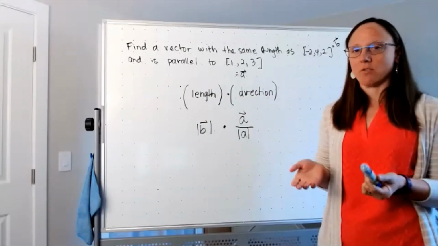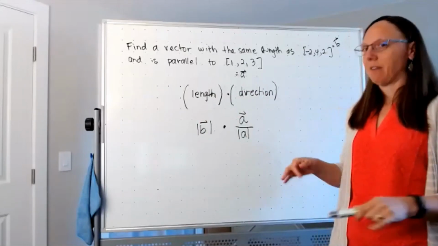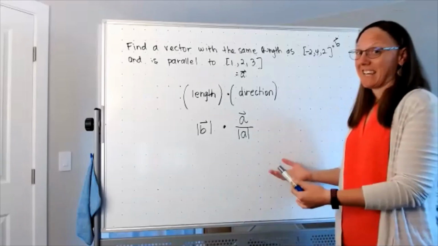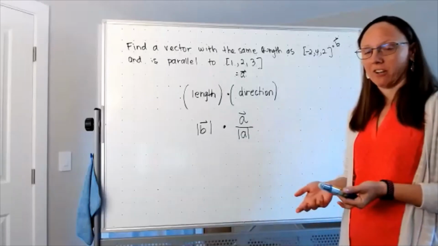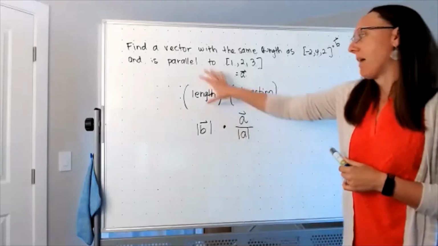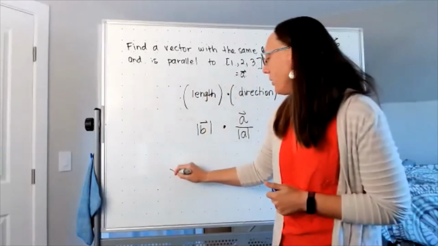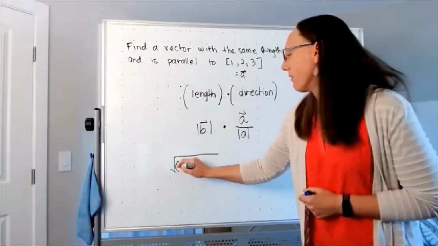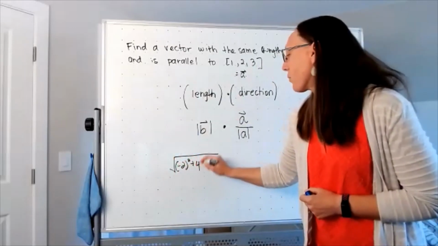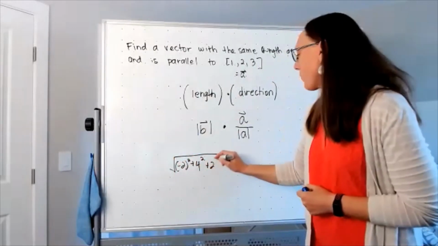Sometimes we're specifically asked for an angle, but if we're not asked for an angle, and like in this case, we're just trying to construct a new vector, we're going to construct it by having a length times a direction. So our length here would look like the square root of -2 squared plus 4 squared plus 2 squared.